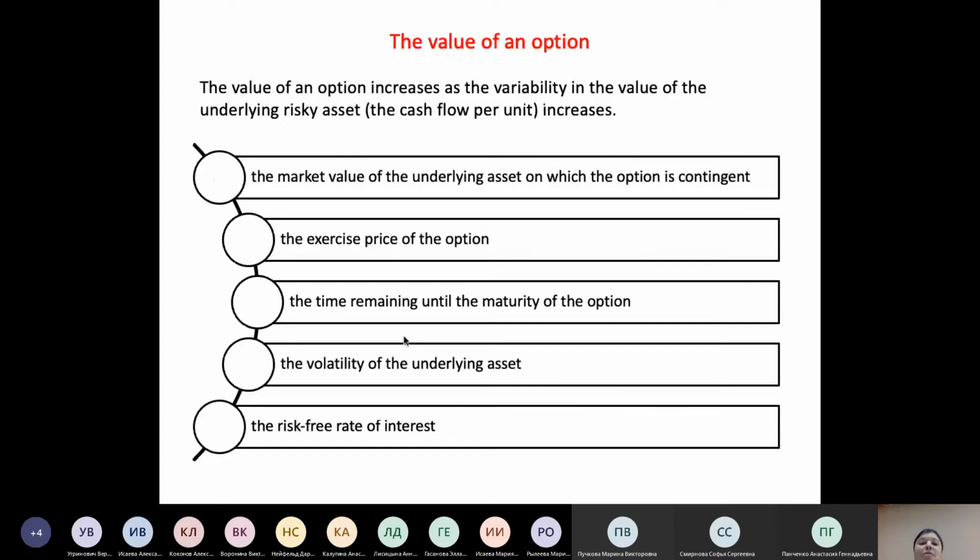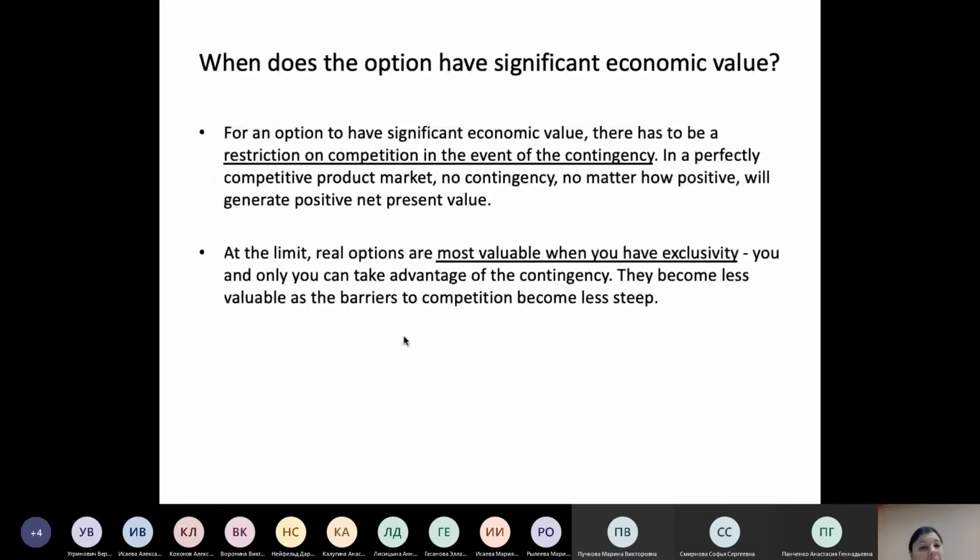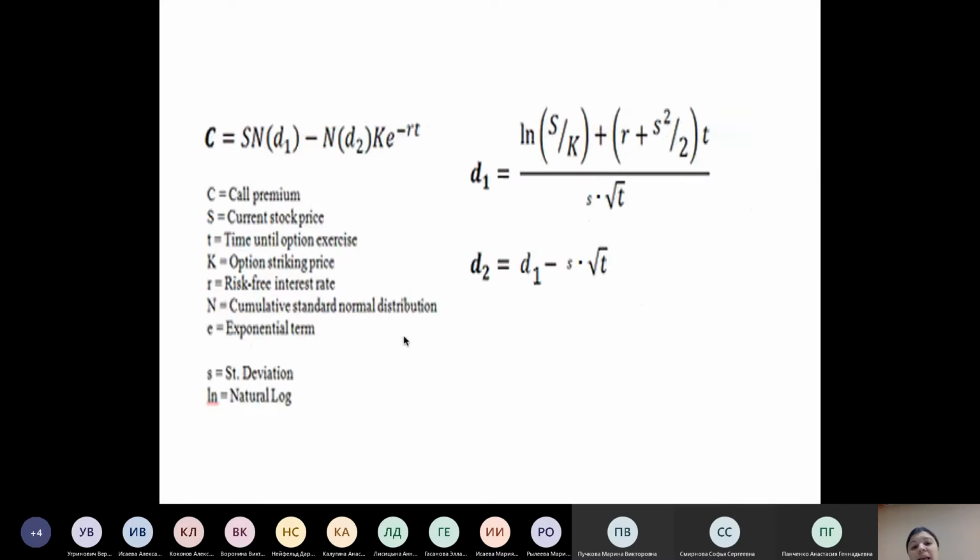And as for N based on D2, the cumulative standard normal distribution based on D2 gives us the information about the possibility of expiration of the option.